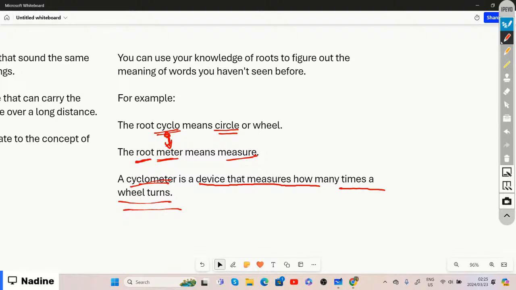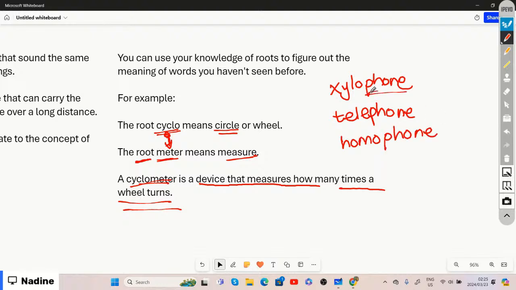Whether it is different words, like the examples we made with xylophone, telephone, and homophone, our root word carries the meaning of sound, which means that whatever other words are latched onto our root word will have similar meanings to sound. It's the same with cyclo, right?